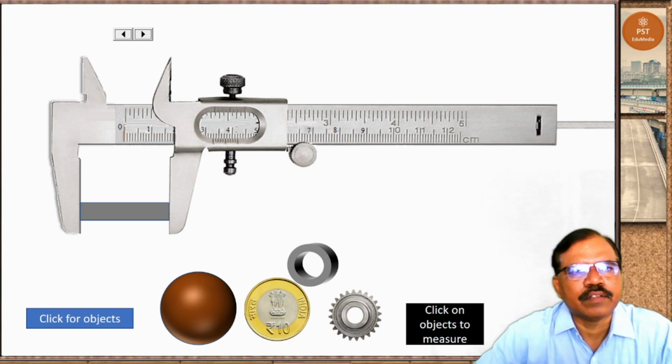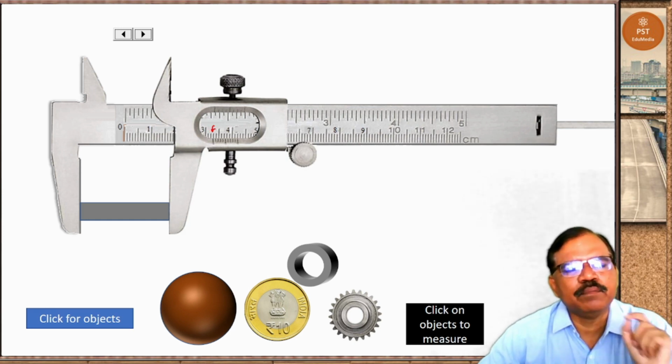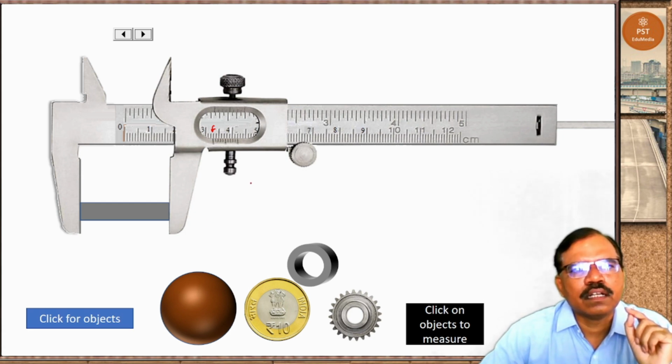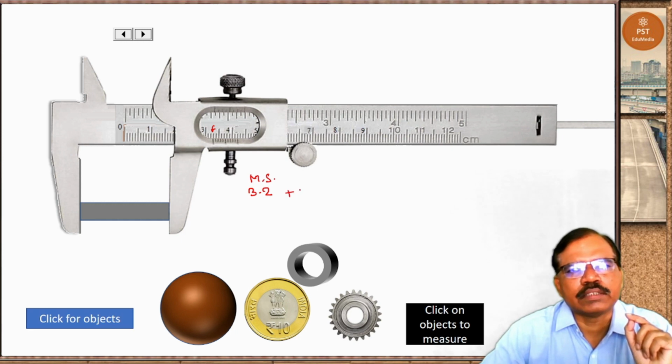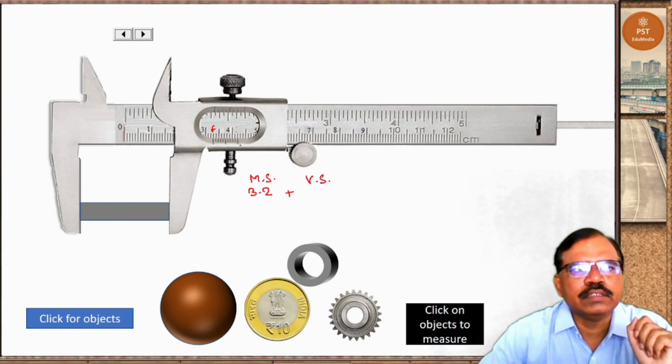Now what is reading? If we see reading here, it is near to 3.3, but it hasn't crossed 3.3. So reading is more than 3.2, but less than 3.3. So main scale it is 3.2 plus vernier scale. Now if we see coinciding lines, you will observe this line coincides.